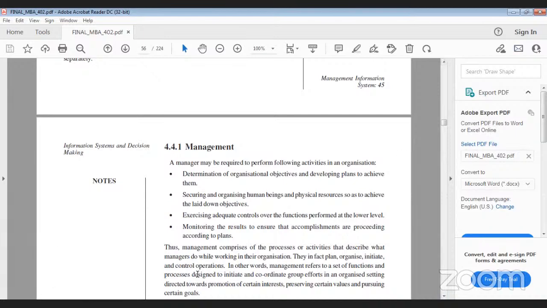Management comprises the processes or activities that describe what managers do while working in their organizations. They control operations. In other words, management refers to a set of functions and processes intended to coordinate group efforts in an organized setting directed towards promotion of certain interests, preserving certain values, and achieving certain goals.